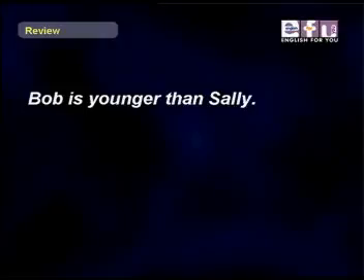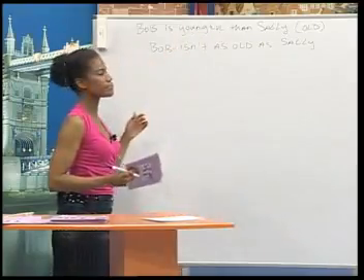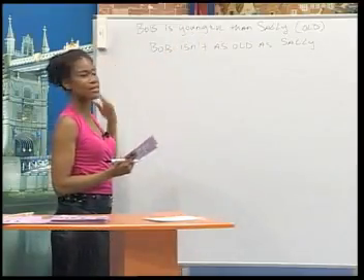Bob is younger than Sally. And then in parentheses we have old. So to use as, we would say, Bob isn't as old as Sally, right? Because he's younger. So Bob isn't as old as Sally.